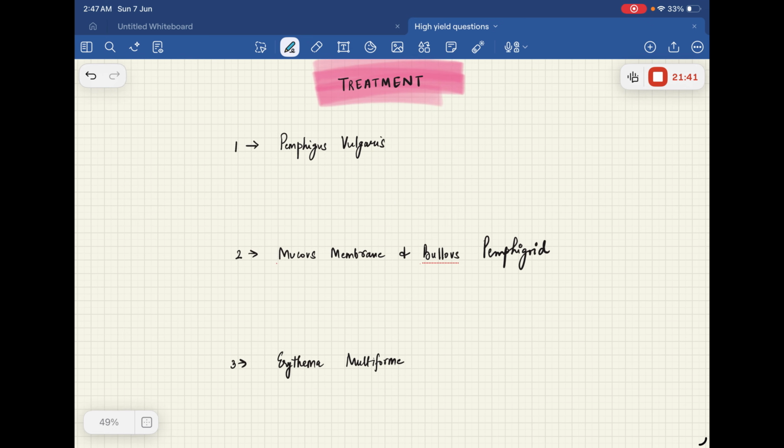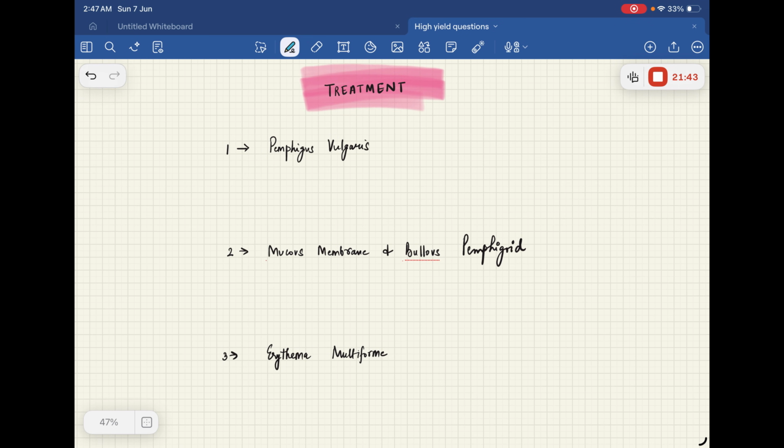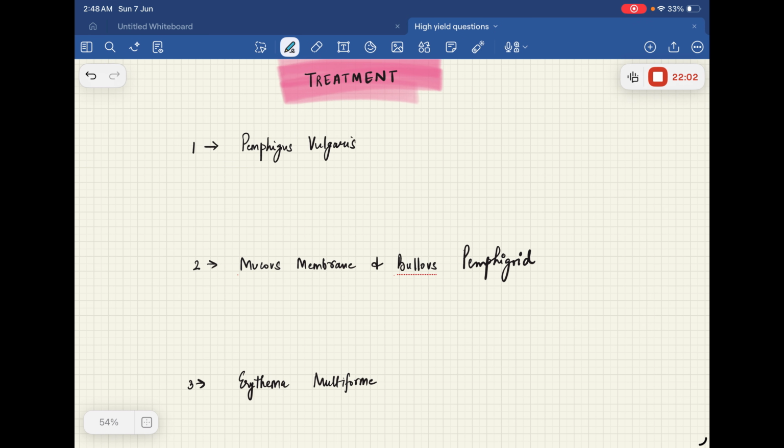So in recent years, there has been a shift in orientation of the exam towards the more clinical aspect. So it is a must that we discuss the medicinal, the treatment part of these lesions. For pemphigus vulgaris, the treatment is systemic corticosteroids.